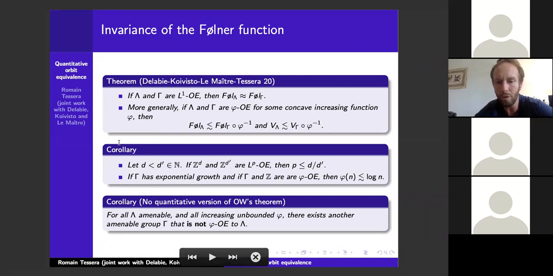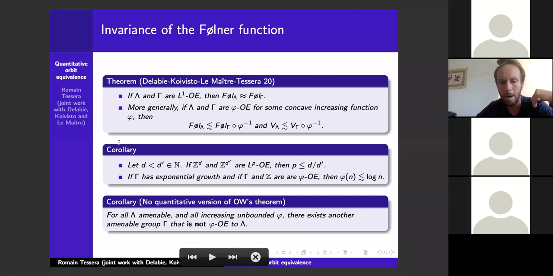You can say that for any p which is strictly larger than d over d', where d' is the largest one, then they are not going to be L^p OE. Okay, so here what I mean is that we are going below 1. p here is below 1, okay, because d is smaller than d'. Okay. And what you say is that not only they are not L1, but they are not even L^(d/d') OE. And we are going to see later that this is optimal.